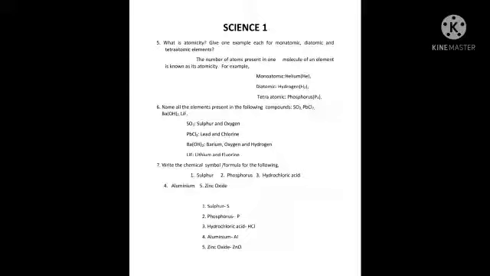Next, the seventh question is, write the chemical symbol or the formula of the following. So, what's the first one? Sulfur. What's the symbol? Capital S. Phosphorus. Capital P. Hydrochloric acid. HCl.